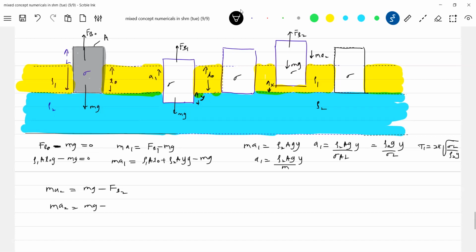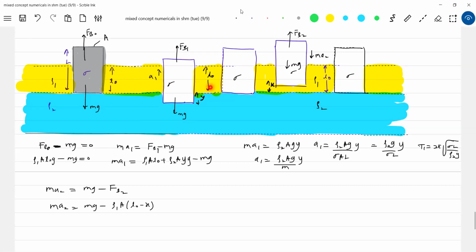So what is the buoyant force? You should take it now. FB2 should be equal to density of liquid rho 1 A (L0 minus y), L0 minus x. I'll make it x so that it'll be easy for you to compare things. Getting the idea? This is x, this is y. So this total distance is L0, no? Now everyone knows the concept.